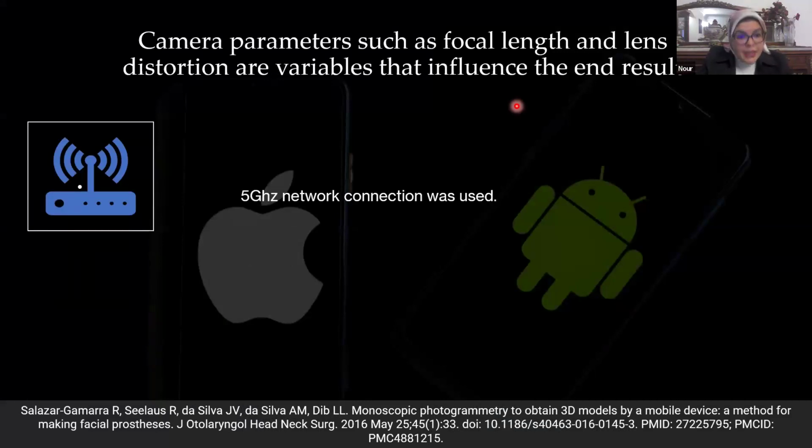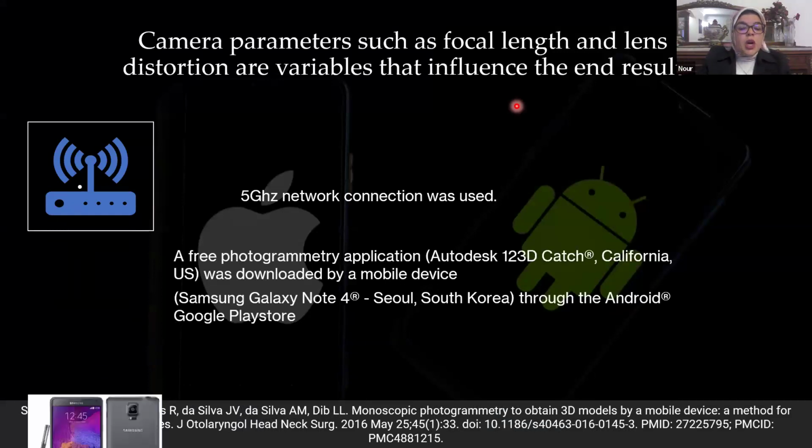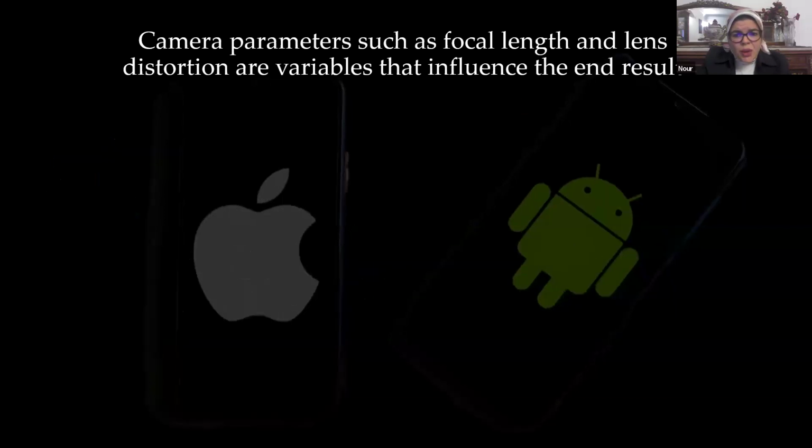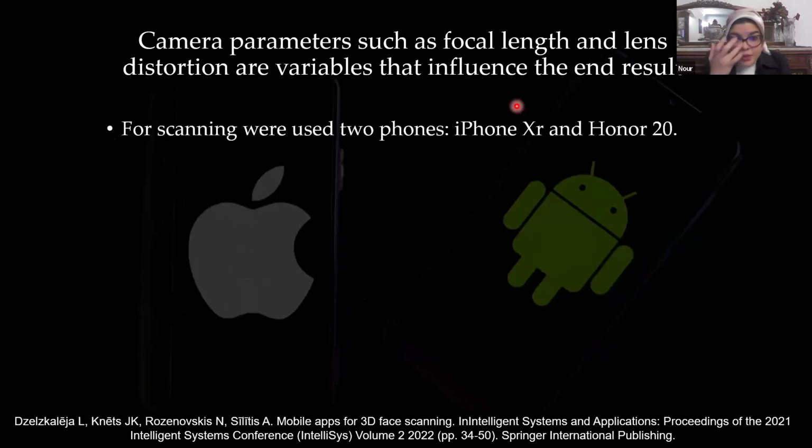The network is also a variable; you need a good network connection. In this paper, the device used was a Samsung Galaxy Note 4 through the Android Play Store. I think most people have Android devices.